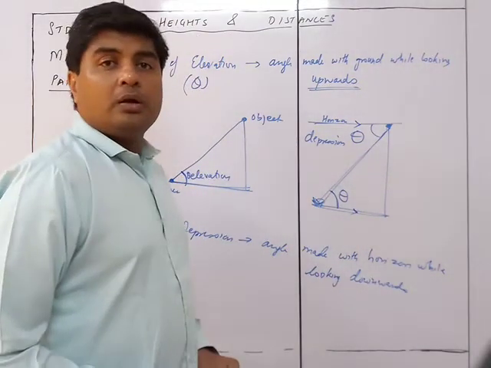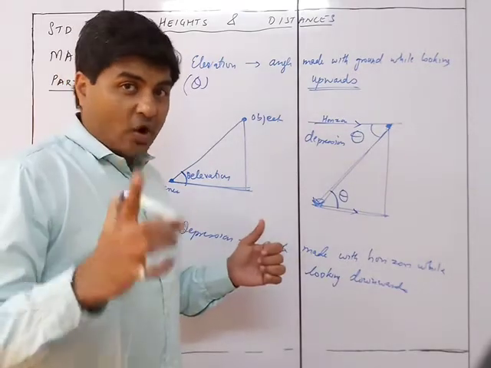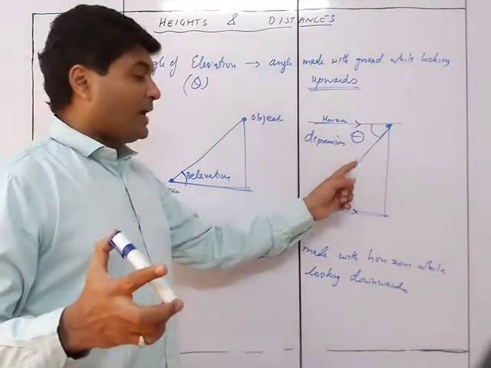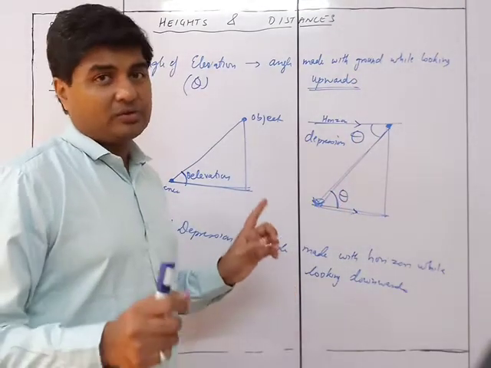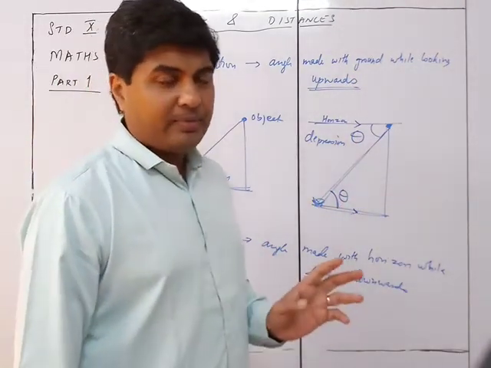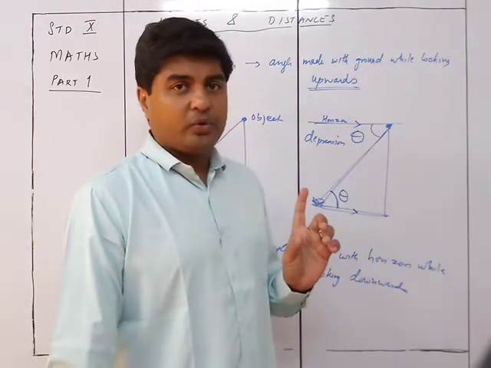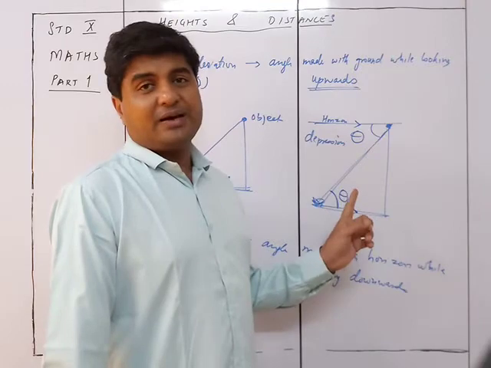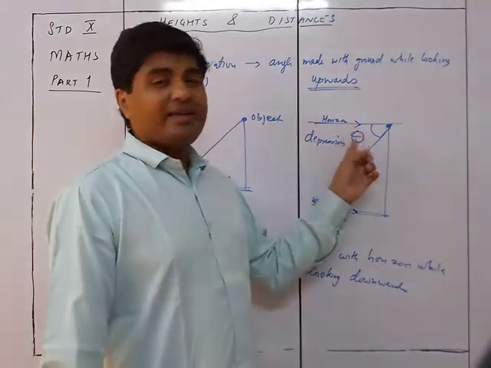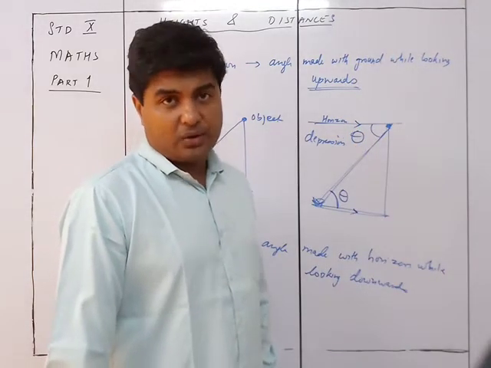So while drawing the figure, you have to draw it this way, but while calculating, you will take this theta as the same as this one. It will depend on the sum, but whenever you use it, you can take this angle equal to this angle because they are alternate interior angles, as the horizon is always parallel to the ground surface.